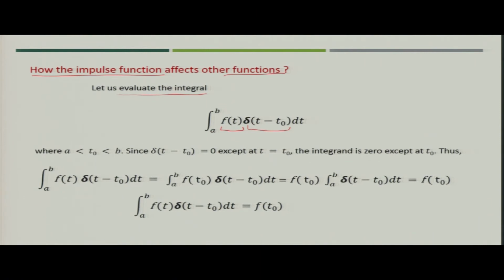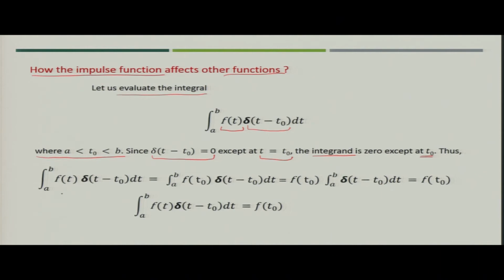If we want to integrate between a and b, f t delta t minus t naught dt, where t naught ranges between a and b. If you see this expression, delta t minus t naught is 0 except at t equal to t naught. So, your integrand is 0 except at that time.